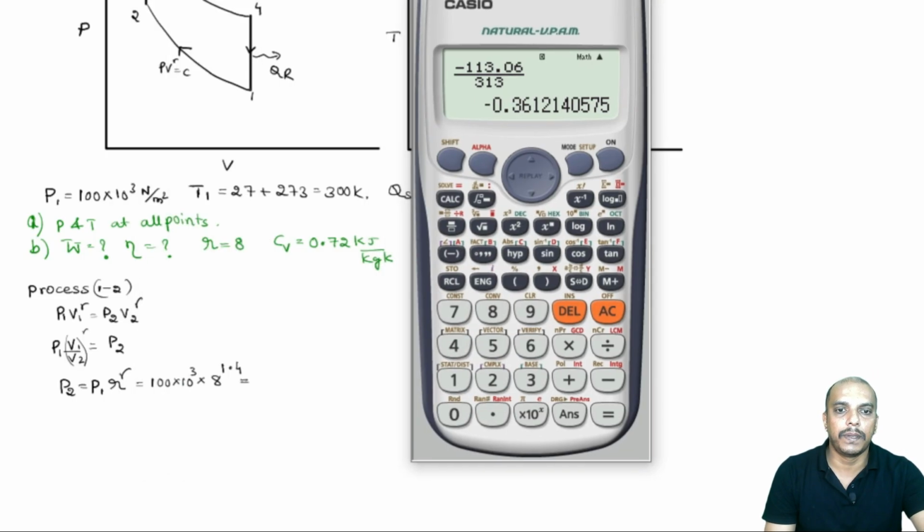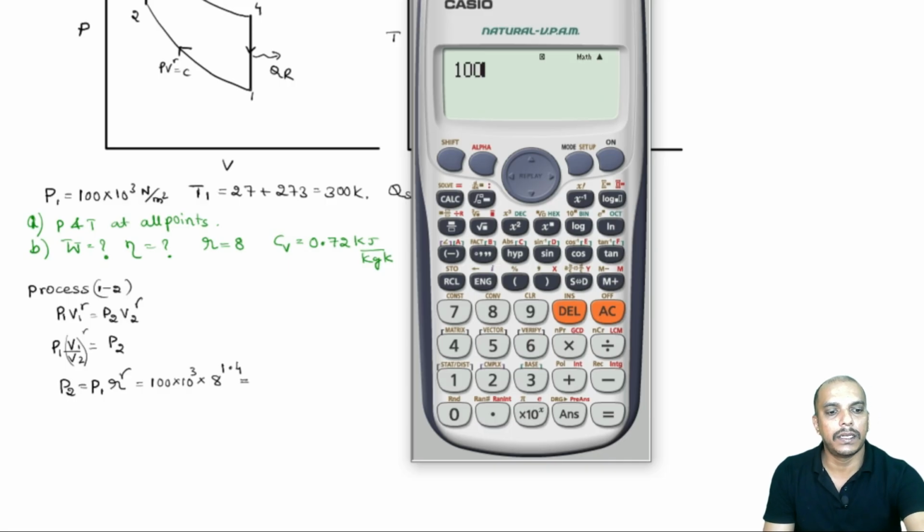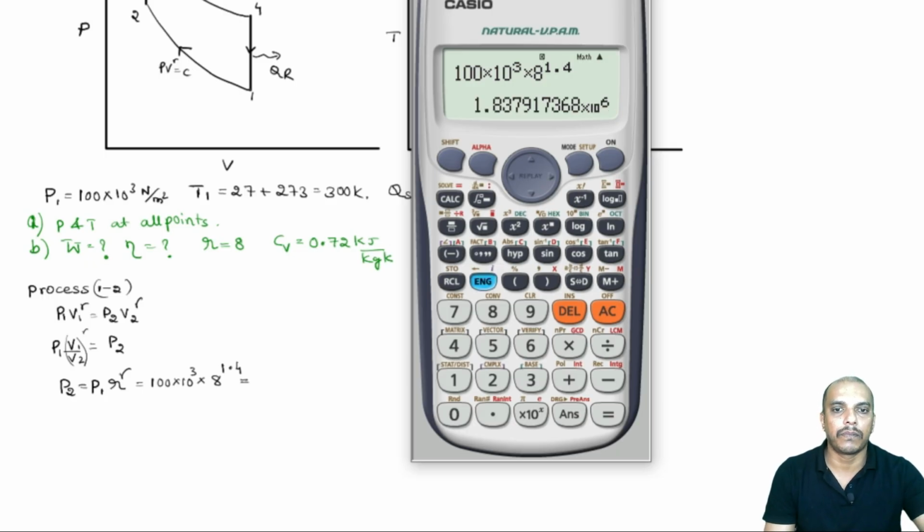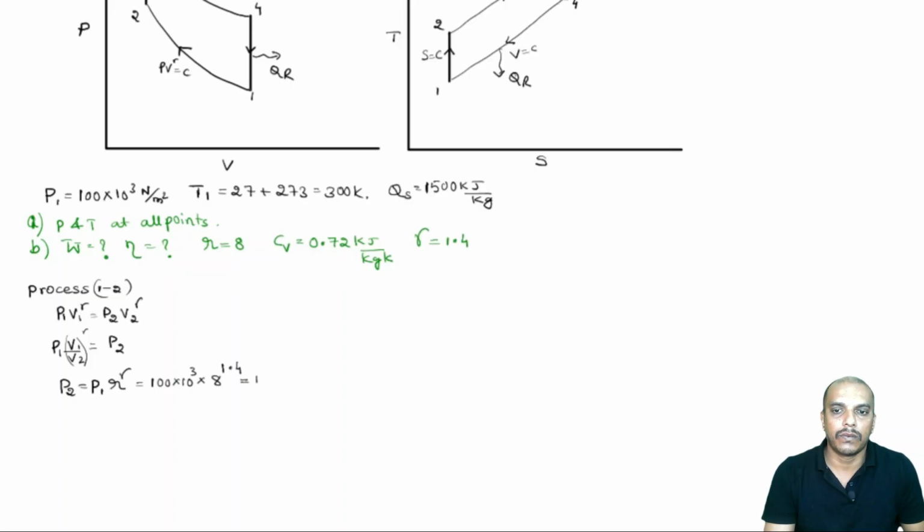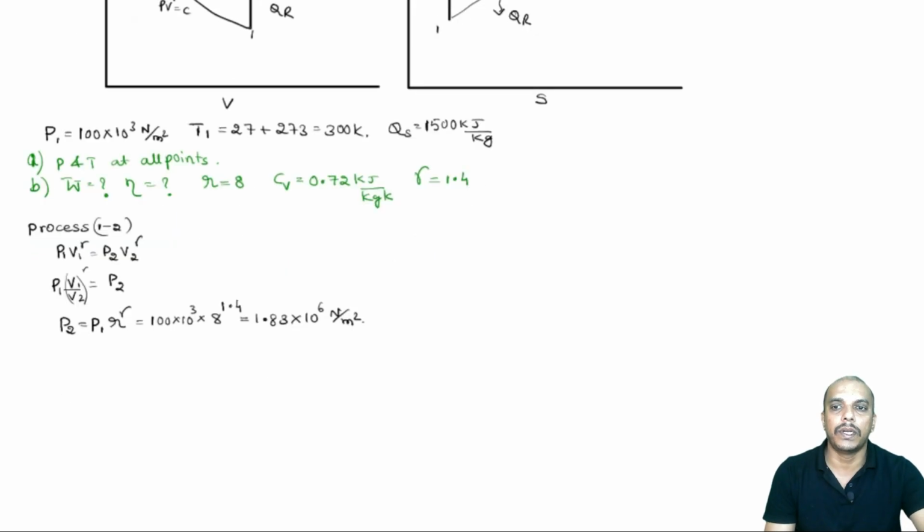The value of P2 is 100 into 10 power 3 multiplied by 8 power 1.4. So, that will be 1.83 into 10 power 6 Newton per meter square. Okay, that will be our P2.